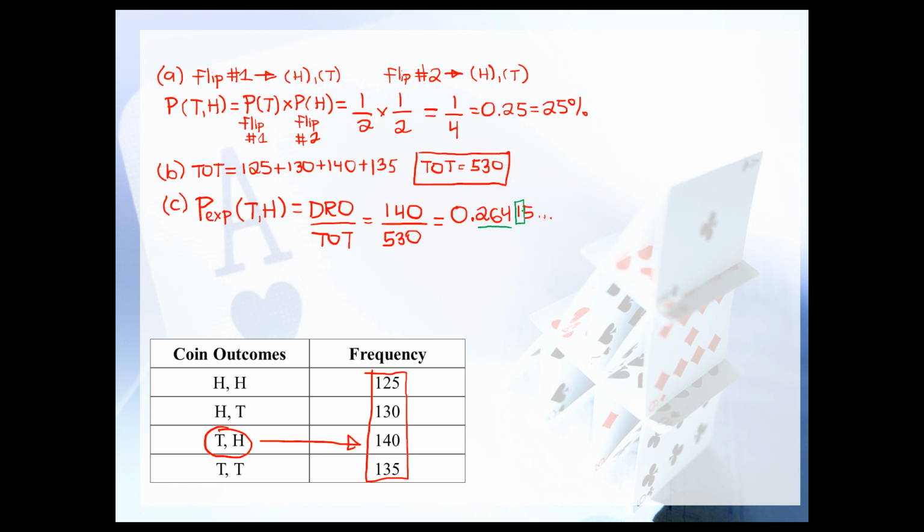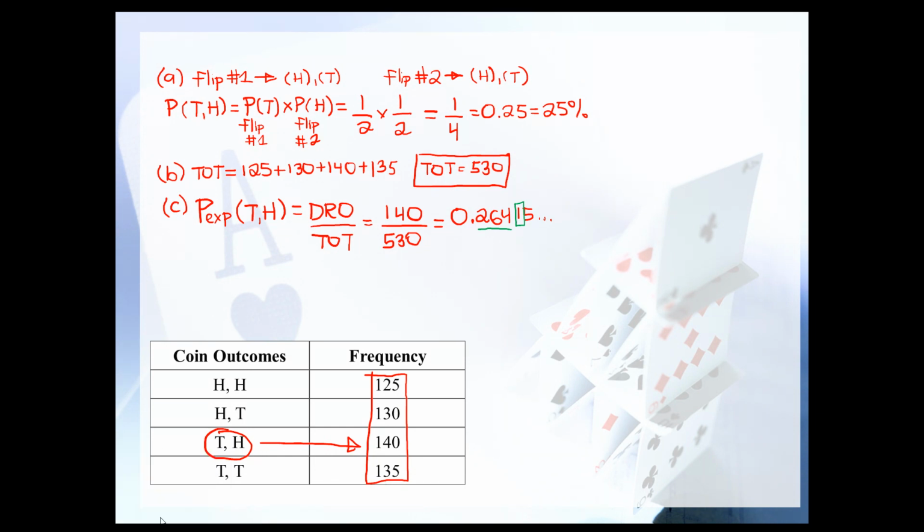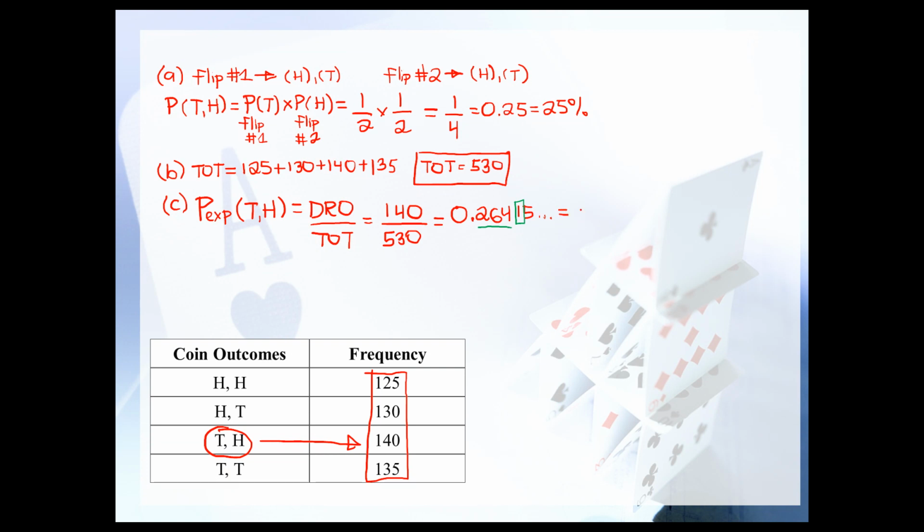Since the 4th digit is a 1, we don't round. That would just stay at 0.264. So this would be equal to 0.264. And then turning this into a percentage, multiplied by 100, you have 26.4%.